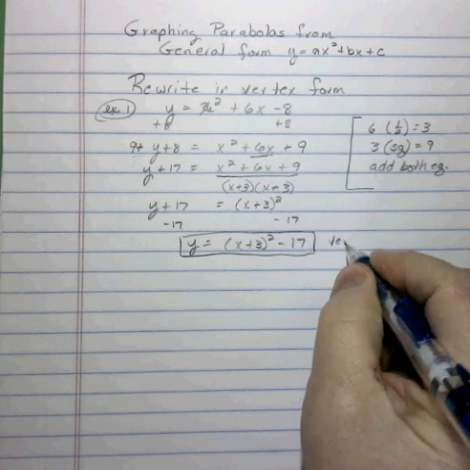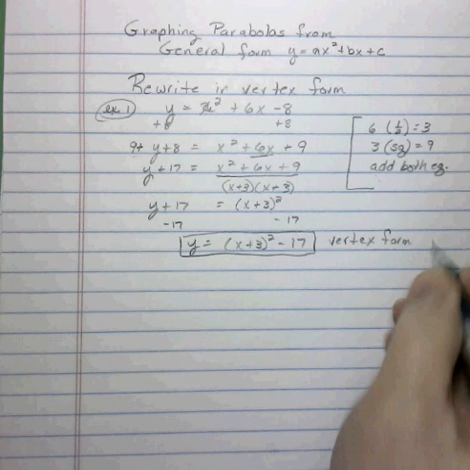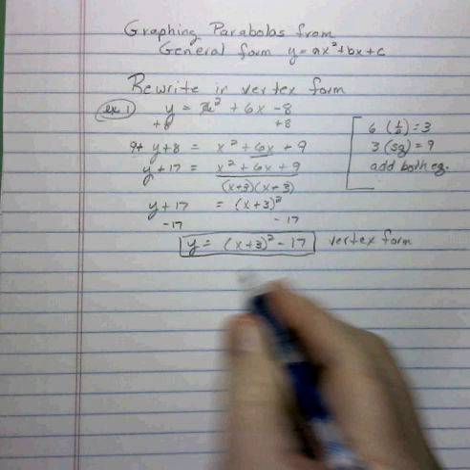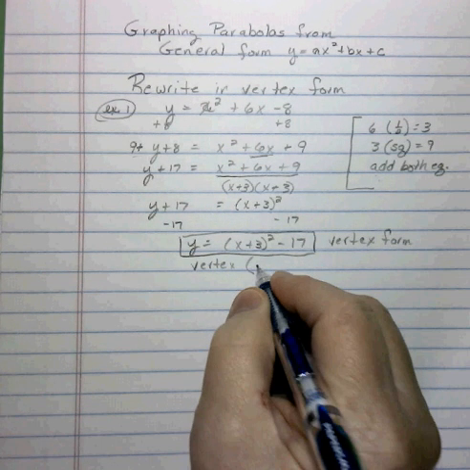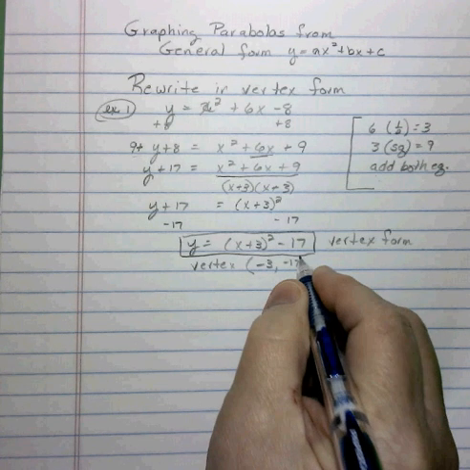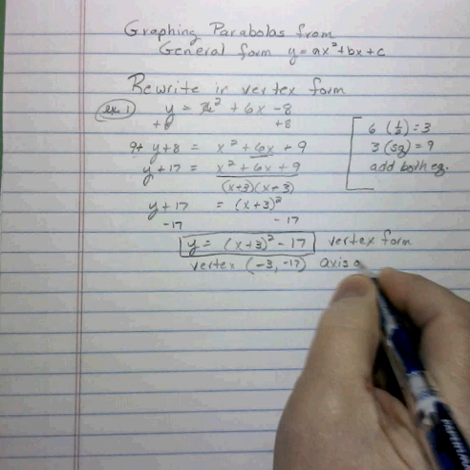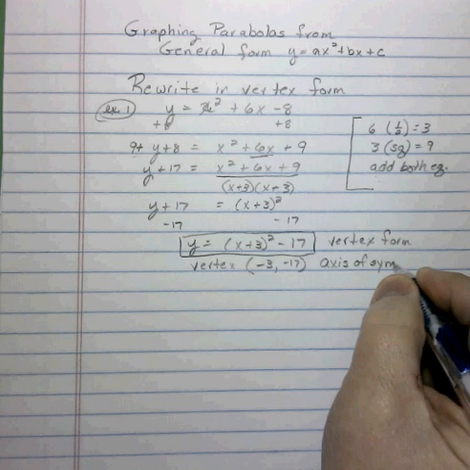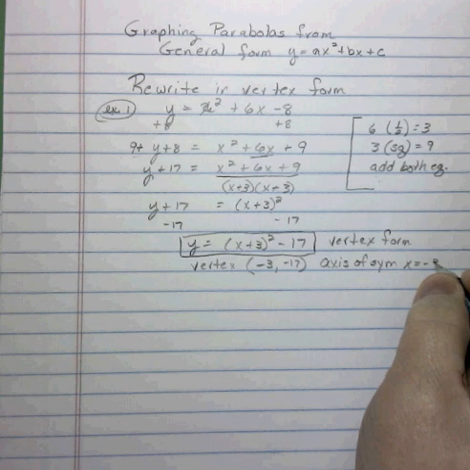And since it's in vertex form, we can identify all those things that we have done before. What is the vertex? The vertex is (-3, -17). The axis of symmetry is at the location of x equals -3.